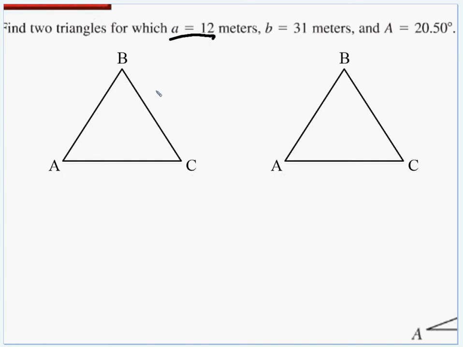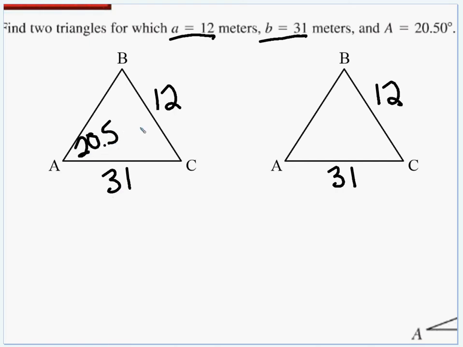Side A is 12. Side B is 31. And angle A is 20.5. That will be true on both triangles, if two triangles exist.